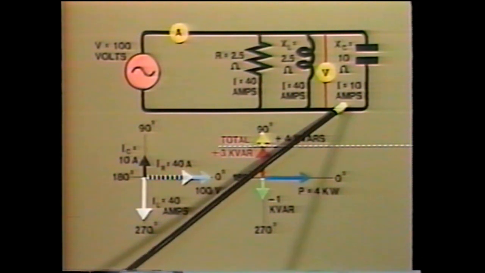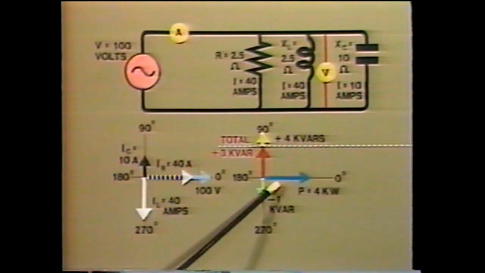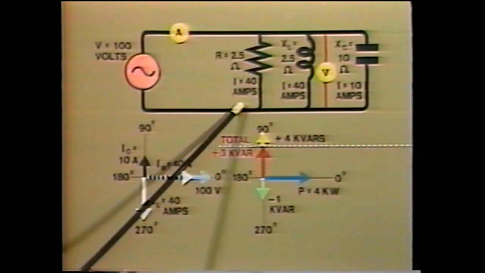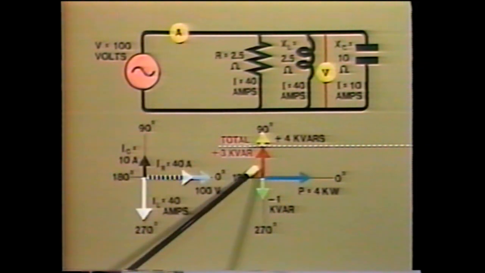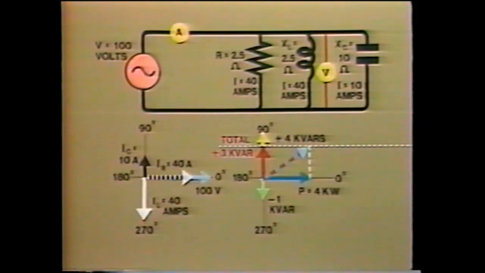As these three currents are out of phase with each other, they cannot be added arithmetically, but they must be added as vectors. As a matter of fact, if we complete the power triangle, that is by adding vectorially the active power, which is volts times active current, and the reactive power, which is volts times reactive current, we will come up with the value which is volts times combined current.